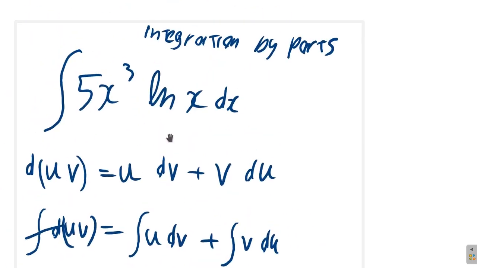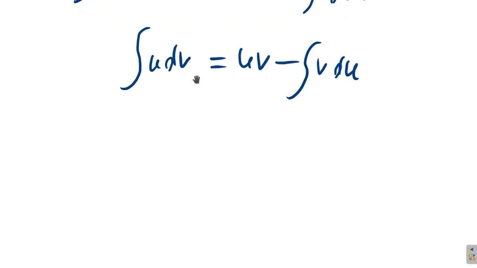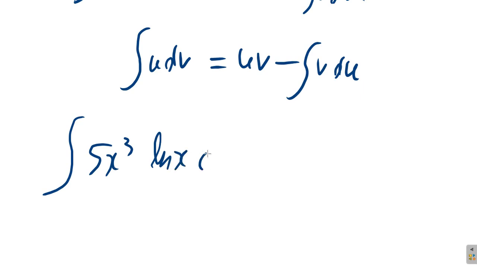You have the integral of 5x cubed ln x dx. Now, one of them is u and the other one is dv.